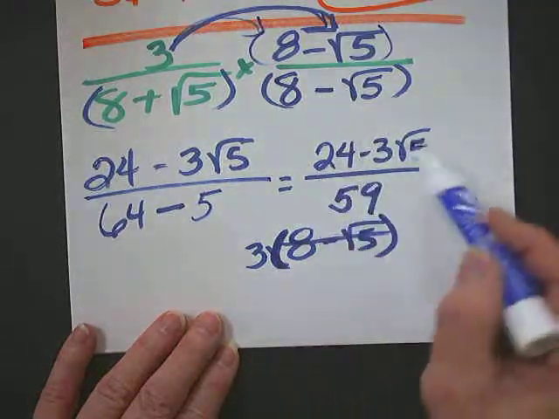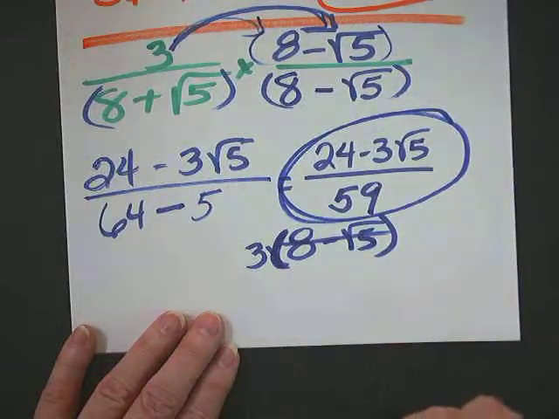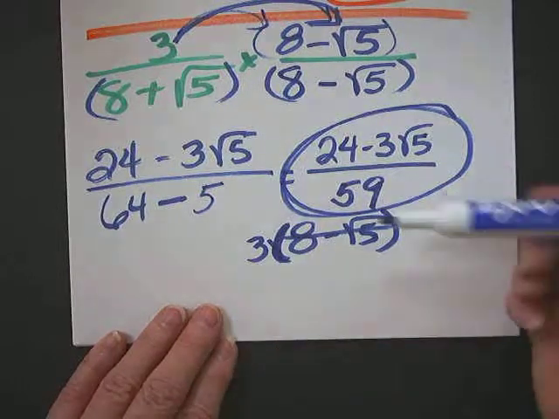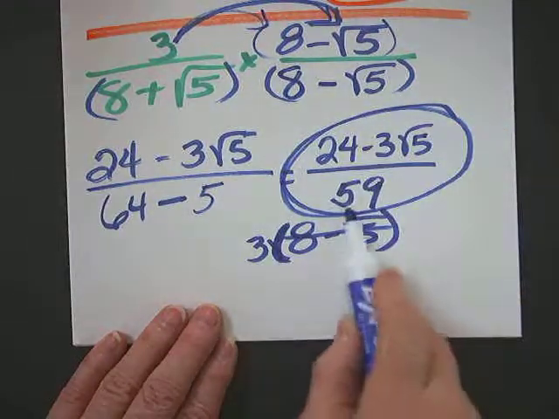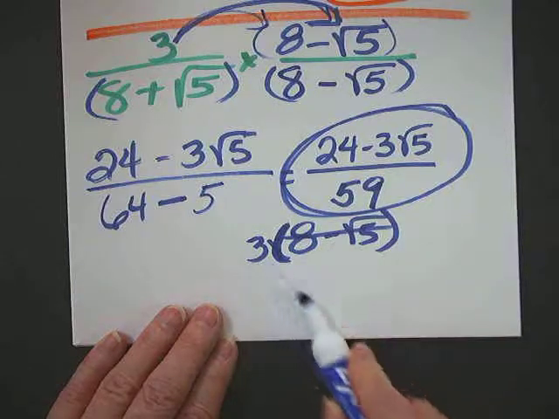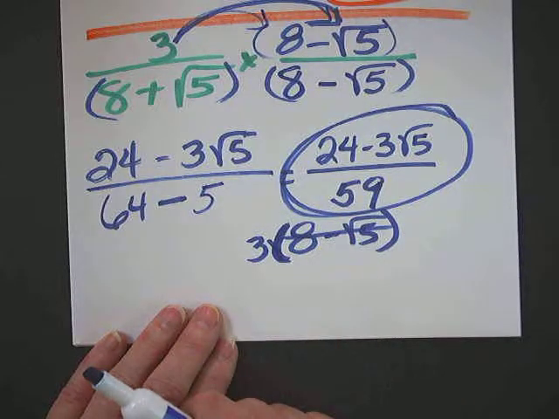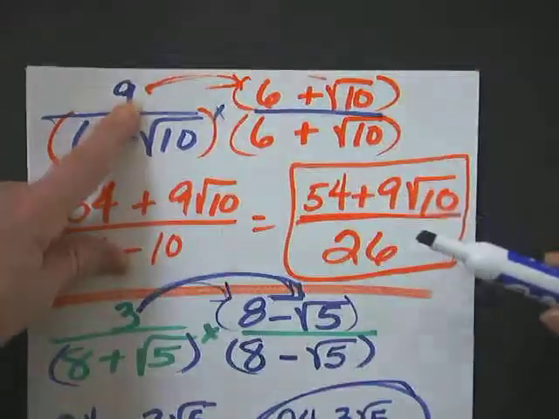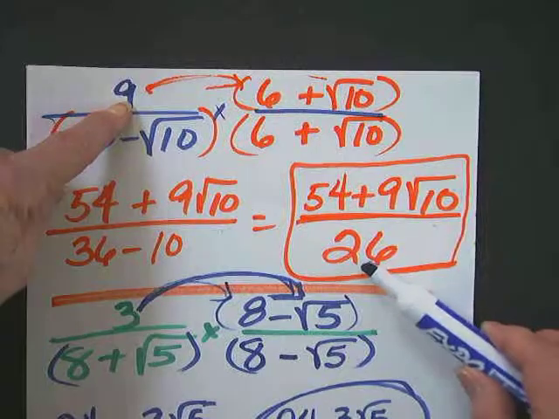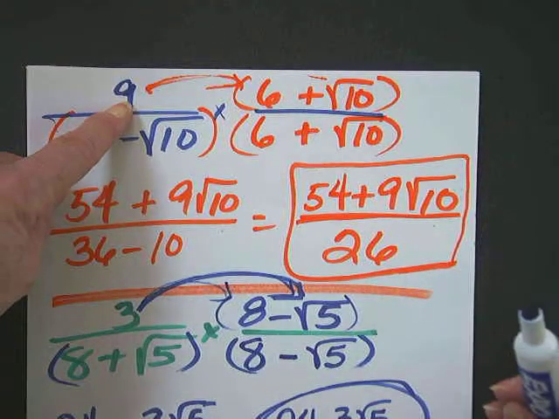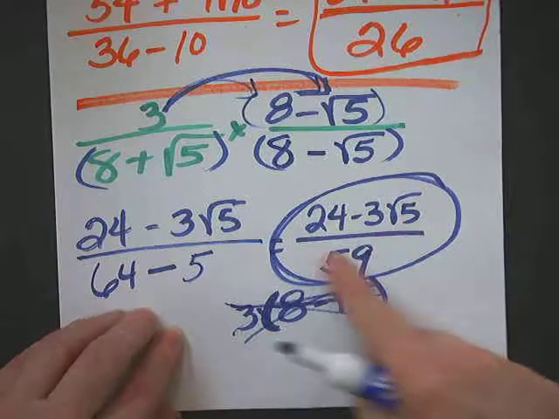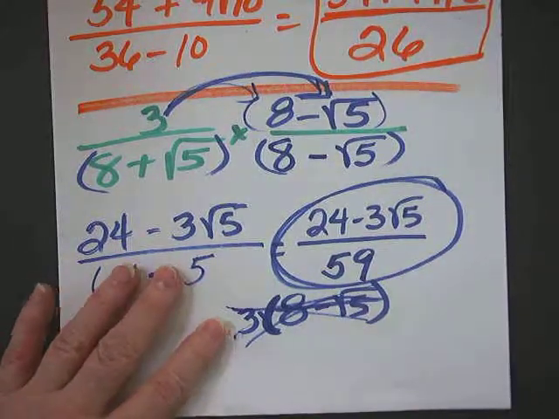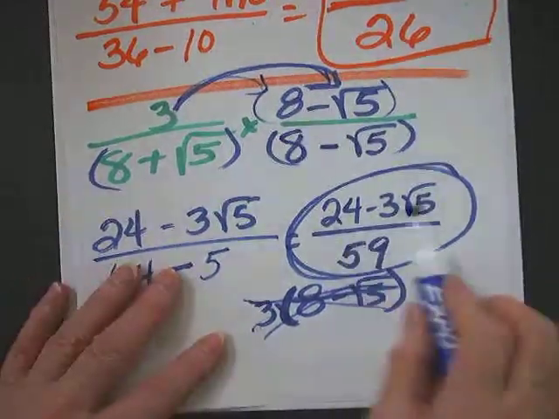Actually, we could factor 3 out, right? Both of those divided by 3. It's not in the book that way, I guess, because you can't divide by 3. But, I mean, you could divide these by 3, and you'd be back where you started, I'm sorry, not a square root. You'd have the 8 minus square root of 5 back. Since that won't cancel, they left it in this form right here.